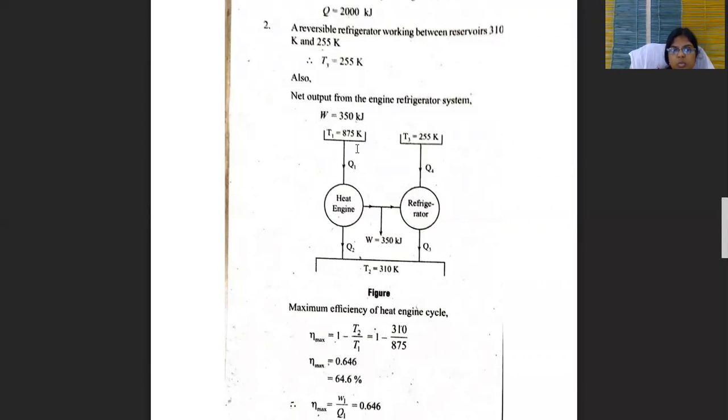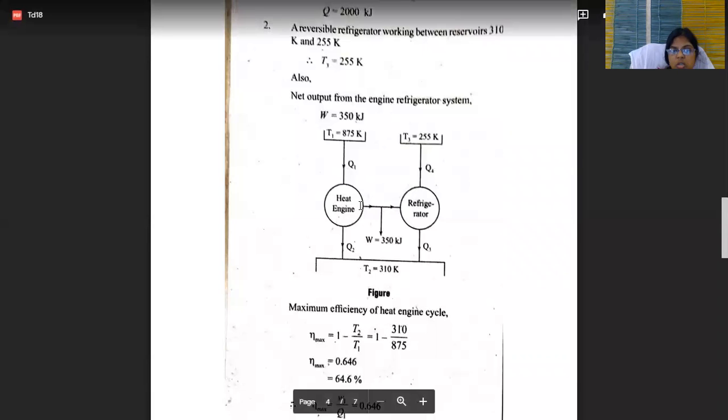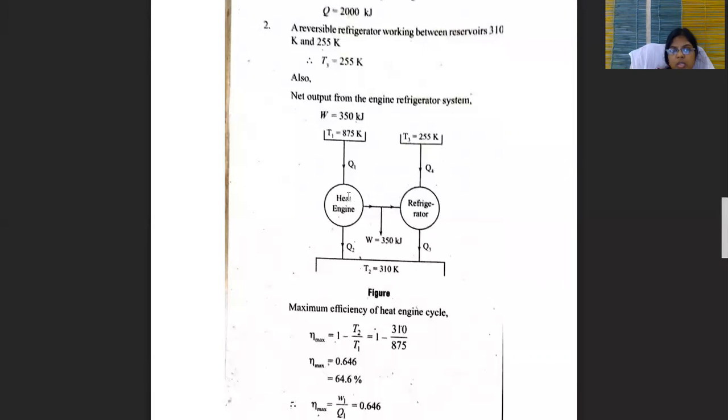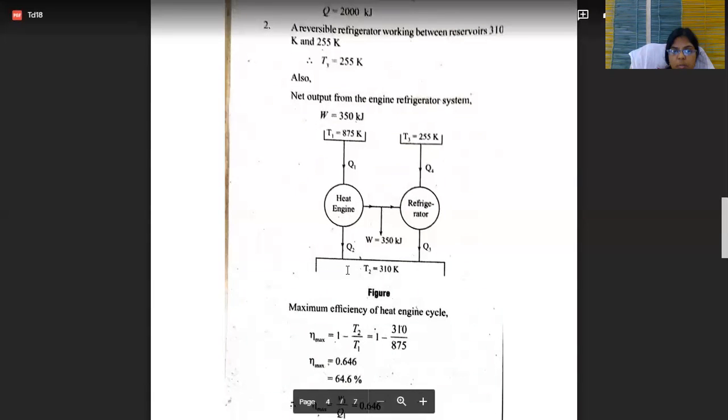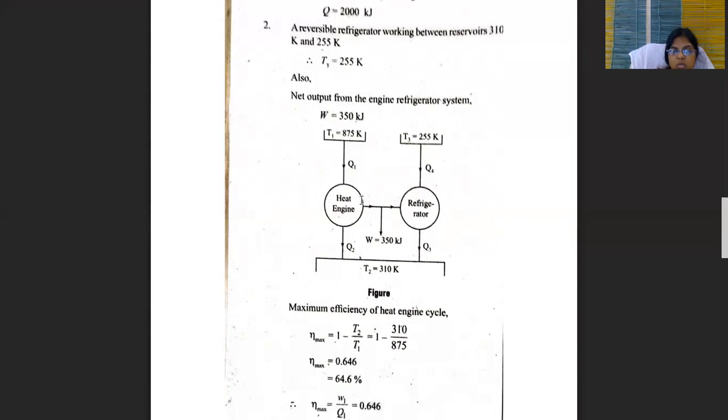When heat flows from higher temperature to lower temperature, it gives work done W. What is the value of work done? 350 kilojoules. Students, please understand very clearly: in a heat engine, heat flows from higher temperature to lower temperature, and when it does, it gives work done.